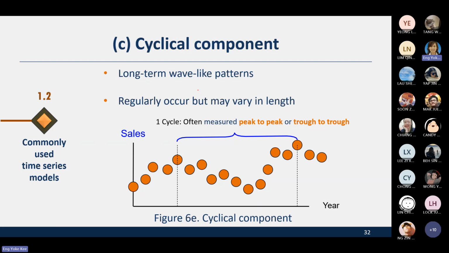So in this case, business cycle in Malaysia, it takes about 10 to 12 years. So economists like us, we have this kind of worry because every 10 years or 12 years you see a financial crisis, right? So it's a down. Okay, so business cycle up and down, up and down. It's a repeating pattern, but the duration lasting for more than 1 year. So this is what we call cyclical component.